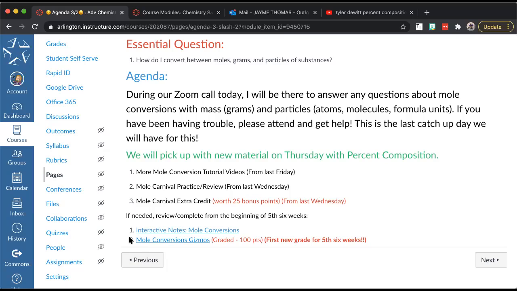So right now, the only grade that we are going to have for progress report is probably this one, because we're still not doing anything new until Thursday. And even though you're going to have an assignment Thursday, it's not going to be due until I think Sunday or Monday, since it's falling over the weekend.